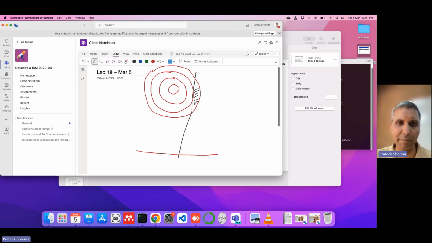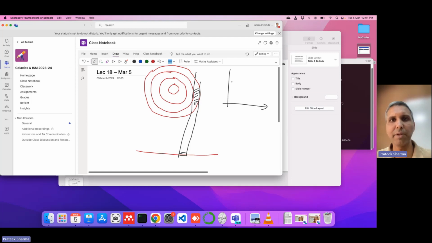You have a beam which is only observing this part, and you assume that the density and temperature, the 3D profile, is like a step function. Similarly, temperature is a step. So this has a constant density and a constant temperature.